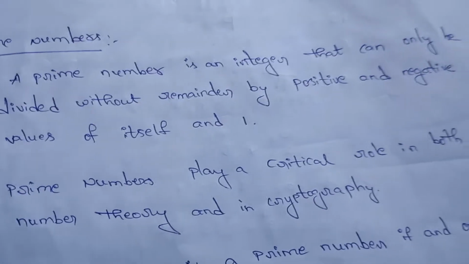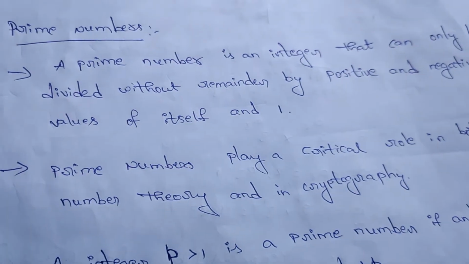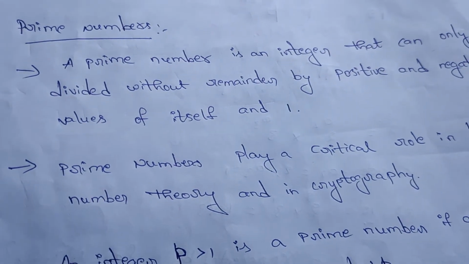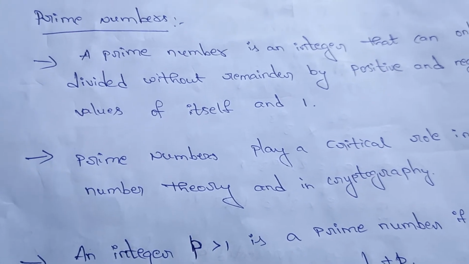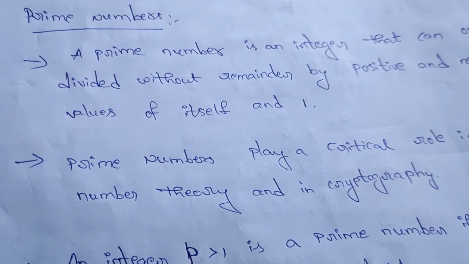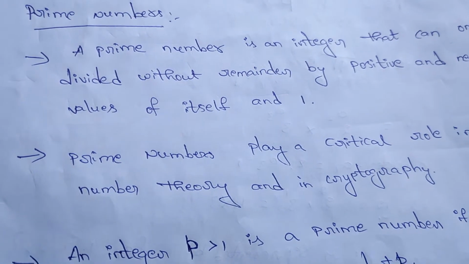So the meaning of a prime number is an integer that can only be divided without remainder. That means if you divide, the remainder must be 0. Suppose you consider 2 divided by 2, the remainder is 0. Divide 2 by 1, the remainder is 0.